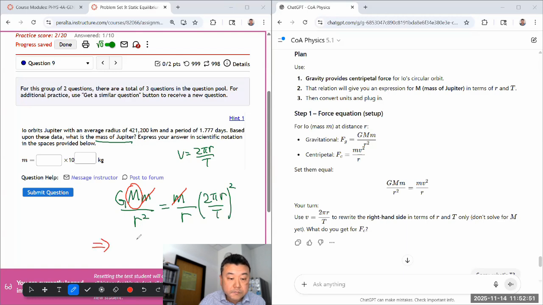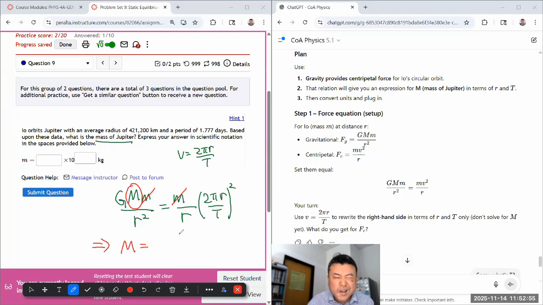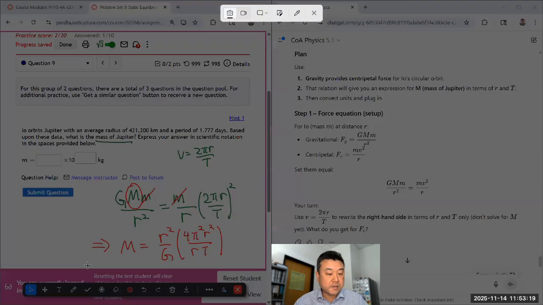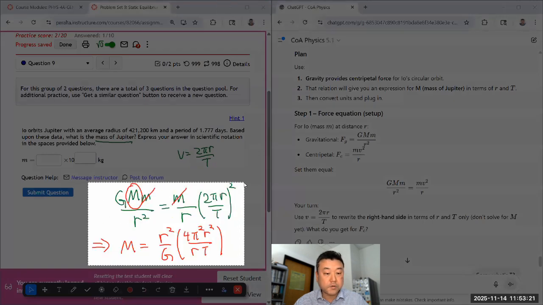Then I get big M is equal to, I could do simplification, I also don't have to, r squared over G from the left hand side, and on the right hand side I could just have 4 pi squared r squared over r T. So let me ask ChatGPT if the algebra looks right, and I'll say I can plug numbers into Wolfram Alpha, which will do the unit conversion for me.